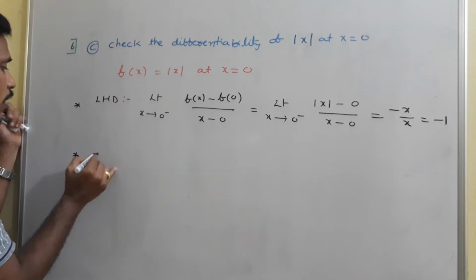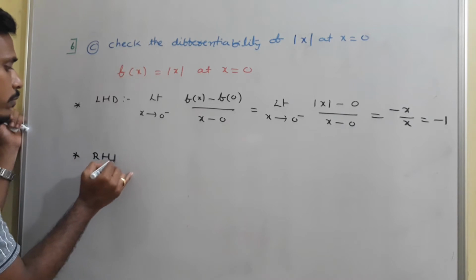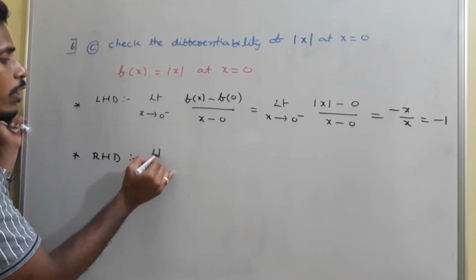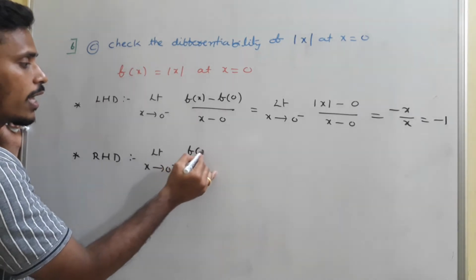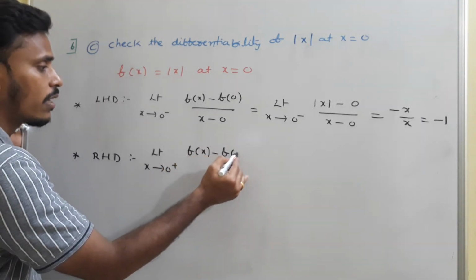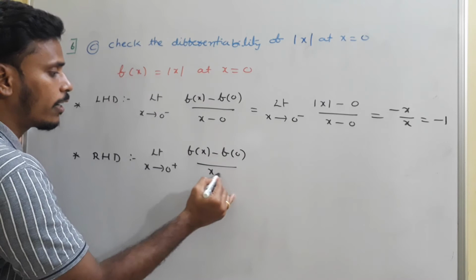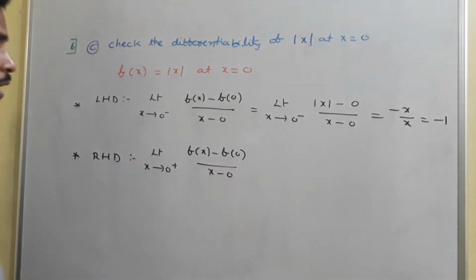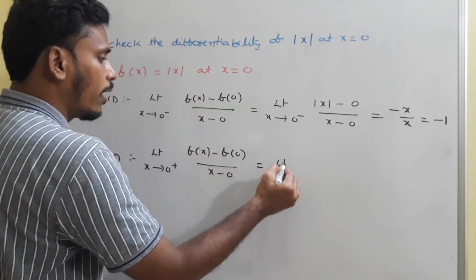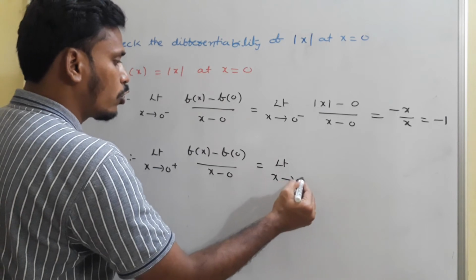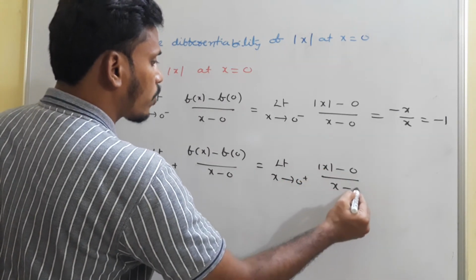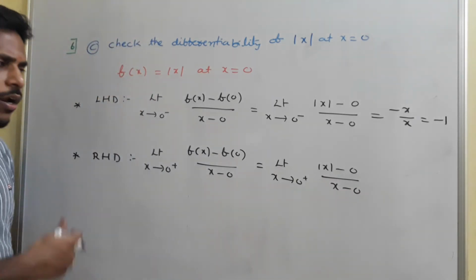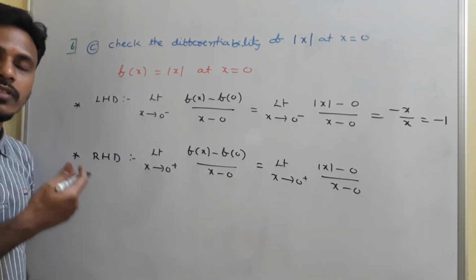Then what about the right hand derivative? It is the limit as x tends to 0 plus of f of x minus f of 0 divided by x minus 0, which equals the limit as x tends to 0 plus of mod x minus 0 by x minus 0. We already did these types of problems in limits.